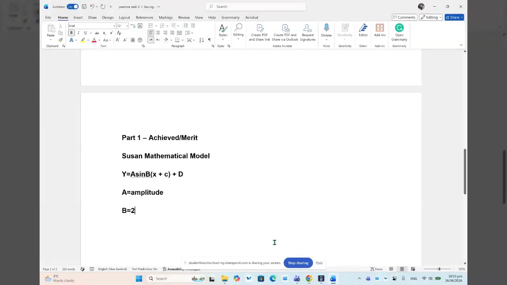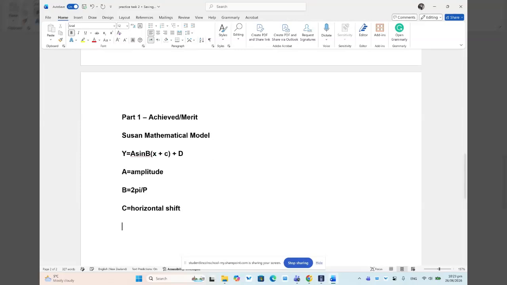Oh, that's why I had that pi sign. C is the horizontal shift, which is found when you plug in a y coordinate for either the maximum or minimum and the x value when that happens. And then d is the vertical shift, right?